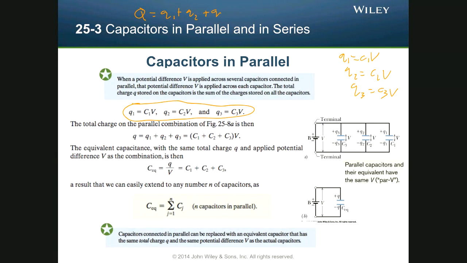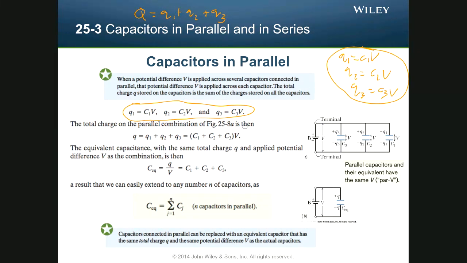Using these expressions, both circled ones, you can plug that into the expression here, and you'll get C1 plus C2 plus C3 times V, where the V factors out. That should be easy enough algebra to see.